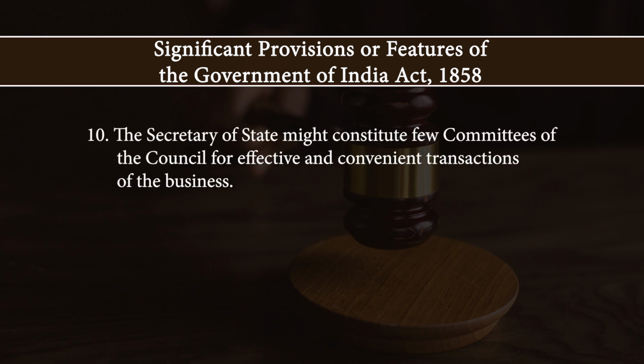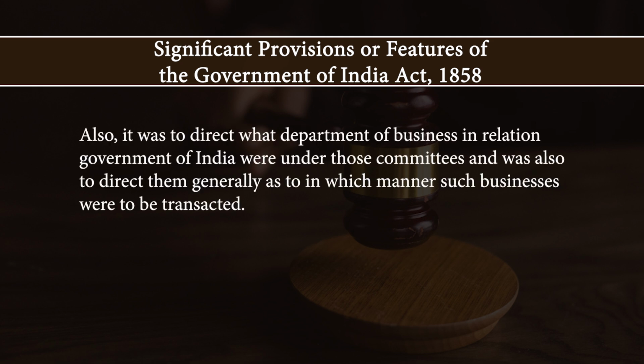Also another point, the Secretary of State might constitute a few committees of the council for an effective and convenient transaction of the business. Also, he was to direct what departments of business in relation to the Government of India were under those committees and was also to direct them generally as to in which manner such businesses were to be transacted.